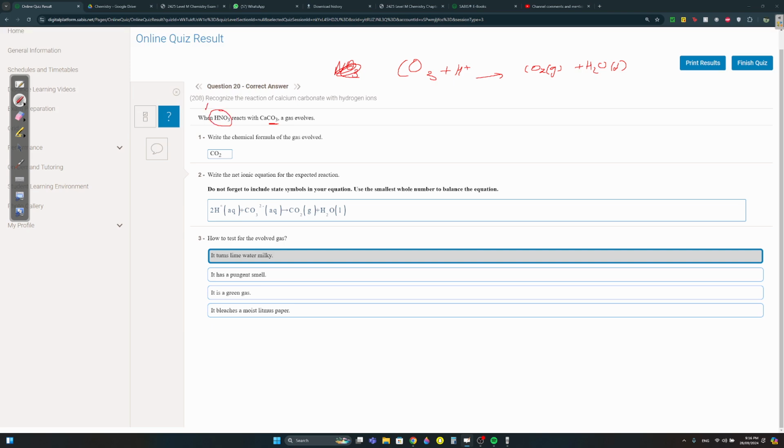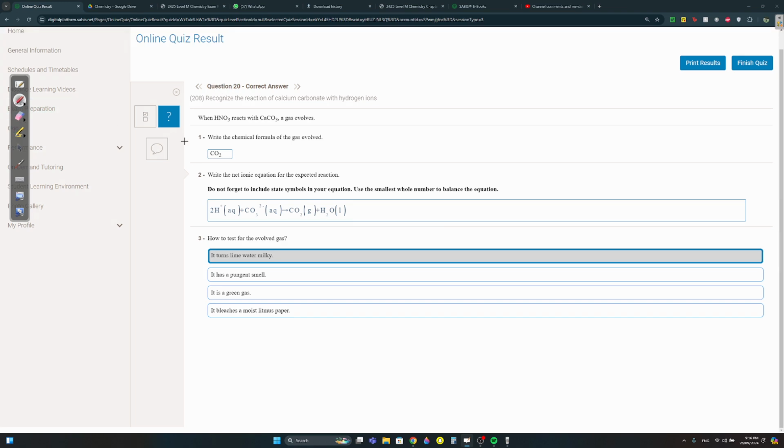HNO3 is nitric acid. Memorize it. So of course the gas that evolves is carbon dioxide. You see CO3 reacting with an acid, it's going through this reaction, and produces carbon dioxide. From the name, CO3, carbon dioxide, carbon, CO, you know.